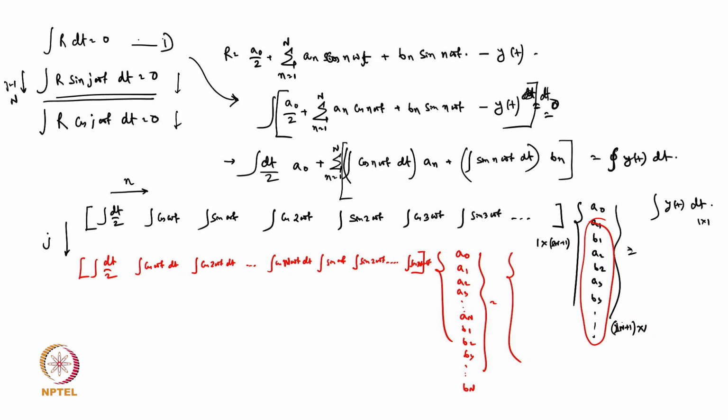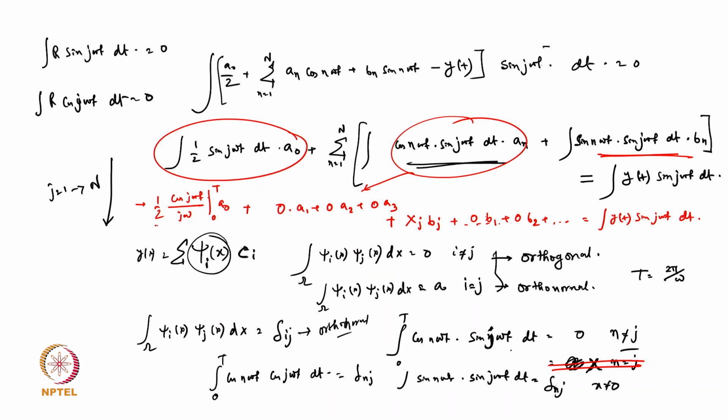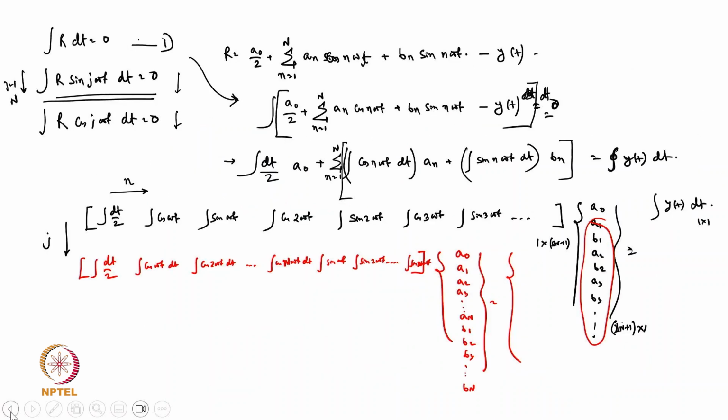Now here what will happen, what will you do? Look, the first term is this, or maybe I can just write it this way, as I did for the sine term. So maybe first you are doing it for cos, or if you do it for sine also, not a problem at all.